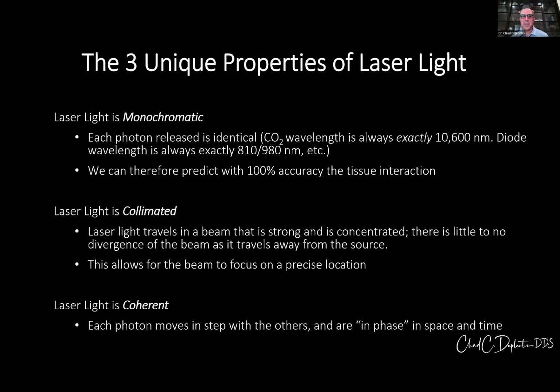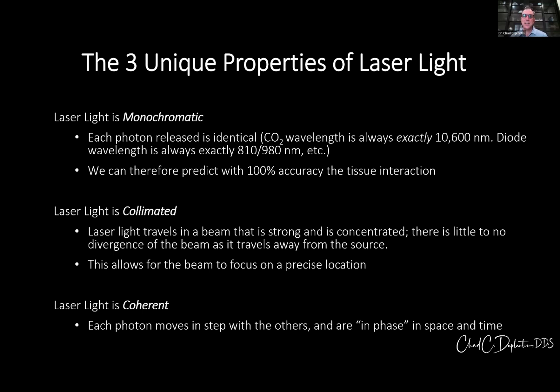You'll see that in just a minute. Laser light is also collimated, which means that the laser light travels in a beam that is strong, it's concentrated, and there's little to no divergence of the beam. We'll see that as well in just a minute. And this allows that laser beam to focus on a very precise location.